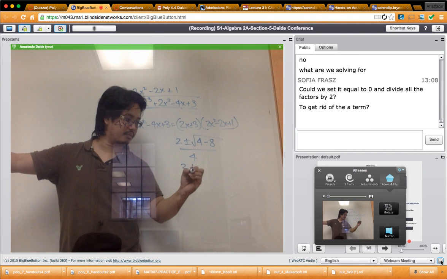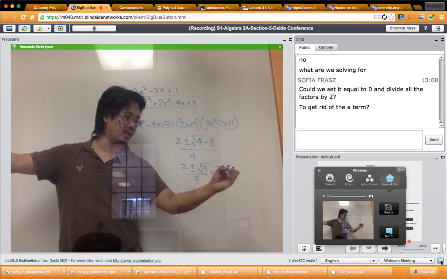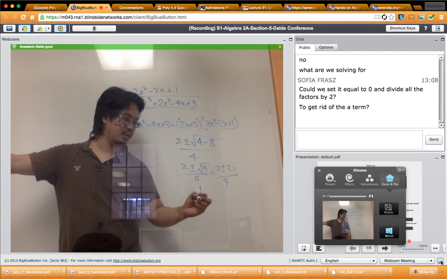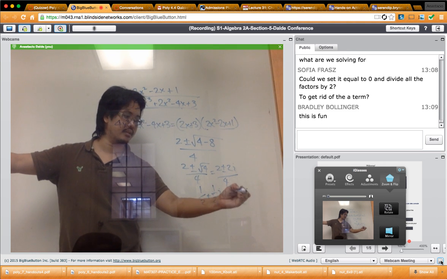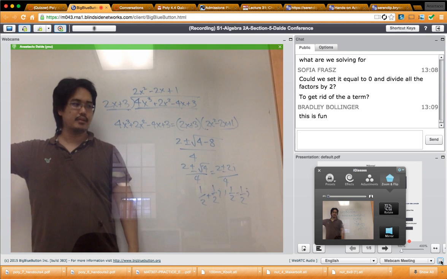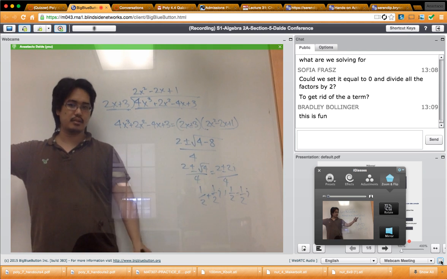This is 2 plus or minus the square root of -4 over 4. So that would be 2 plus or minus 2i over 4. So it's 1/2 plus 1/2 i, and 1/2 minus 1/2 i. You guys see what I did? Those are my two factors.